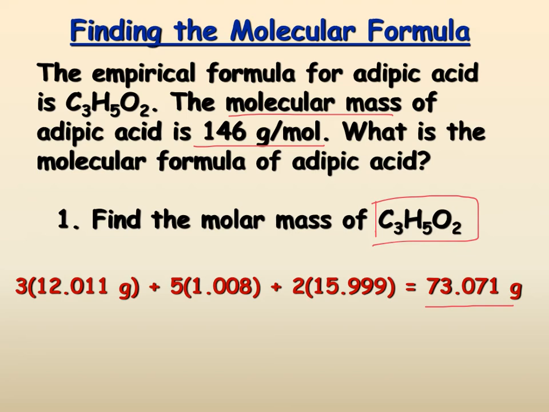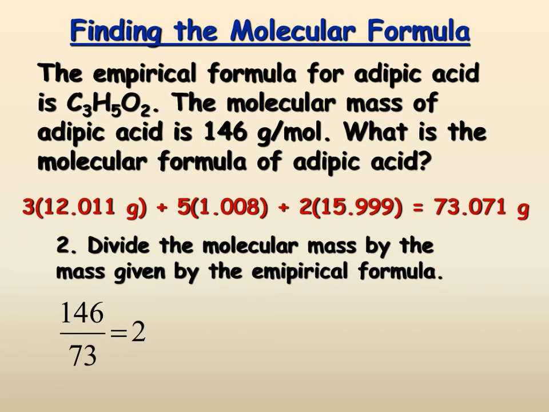Alright? Big indicator, if this number doesn't match the molecular mass, then we know we don't actually have our molecular formula. We have to do something with the subscripts in order to get there. So when we notice that the molecular mass of the molecular formula doesn't match the molecular mass of the empirical formula, we have to do another step.